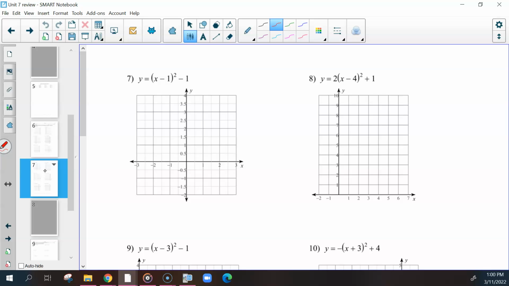We did not talk about how we would do that if it was in a different format. It looks complex, but it's not that bad. When it's written in vertex form, that means we should be able to look at this and find the vertex without really doing any work. A little bit of work, not a whole lot.